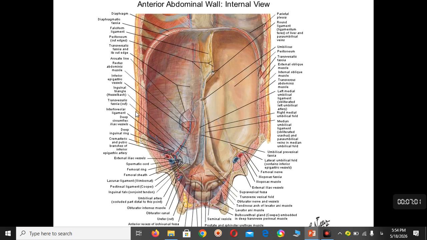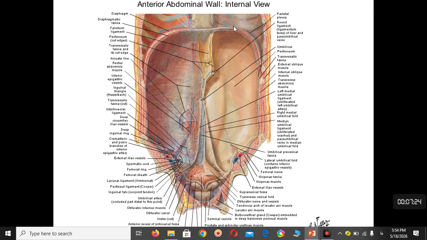From deep to superficial: transverse abdominis, internal oblique abdominis, and then external oblique abdominis muscle.